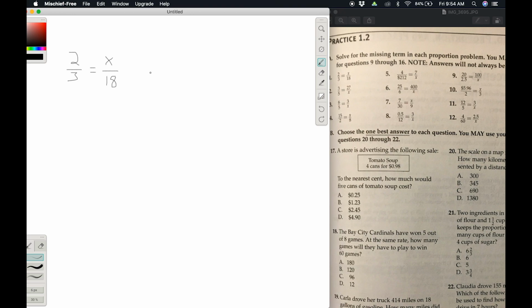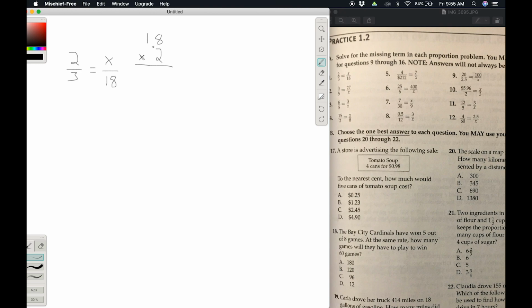2 times 18, we'll set this up. This isn't a lesson on multiplication. When you're dealing with proportions, you should already know multiplication. So some of these, like I know this is 36.